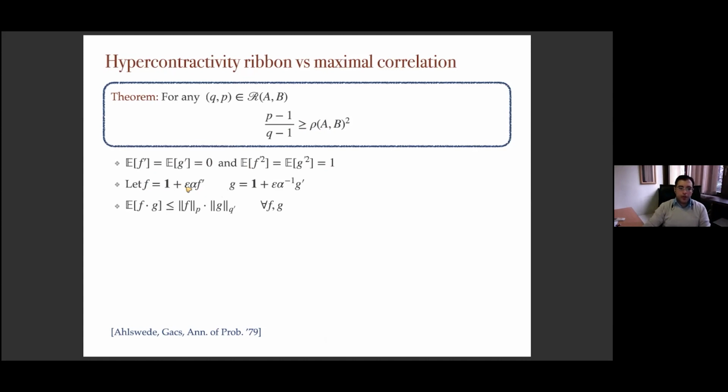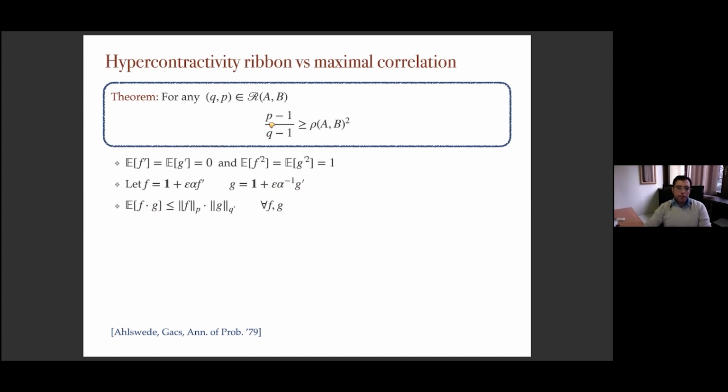So it's 1 plus epsilon, some small constant, times alpha, some constant which we determine during the proof, times f prime. Because epsilon is a small constant, it's a perturbation of the constant function, the one function, and the same for g. But the scaling for g would be alpha to the minus 1 instead of alpha.